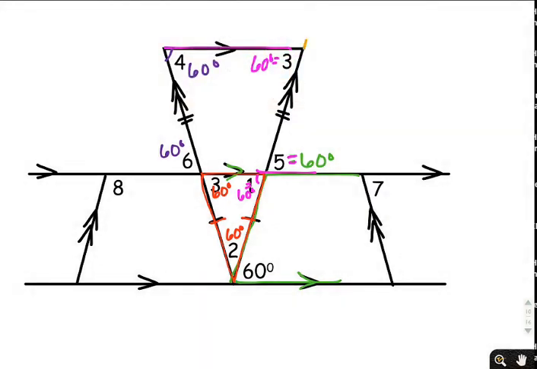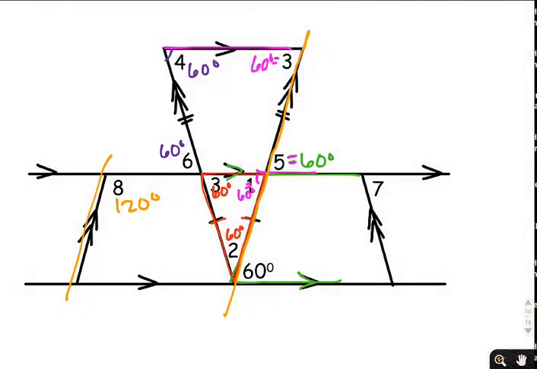I have a parallel line and a parallel line, and I have 8 and I have 1. And if I look at angle 8 and angle 1, which is right there, I can observe that those are actually consecutive interior angles. That means they sum to 180 degrees, which means that guy's 120.